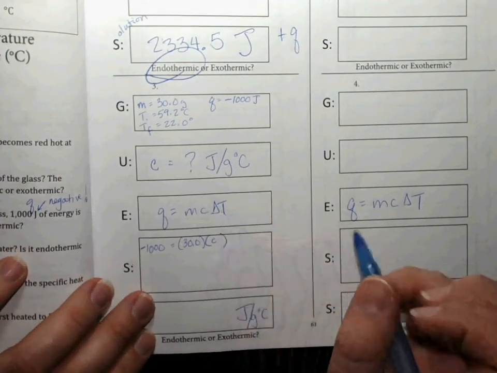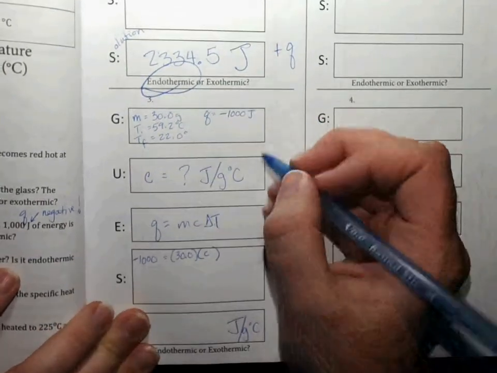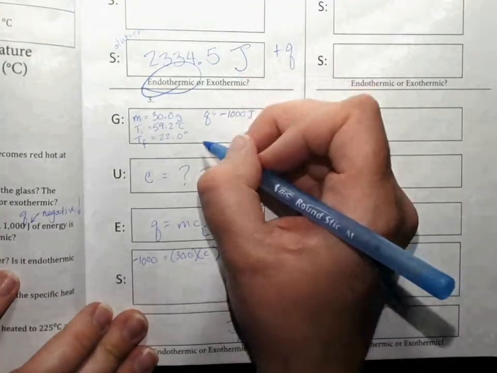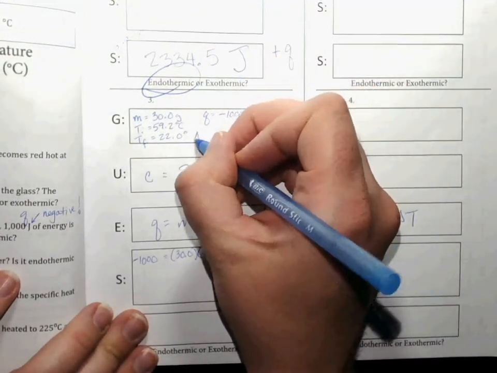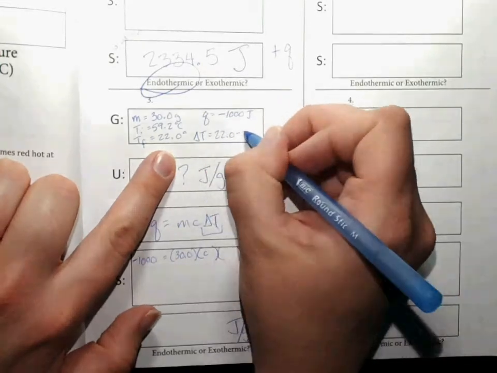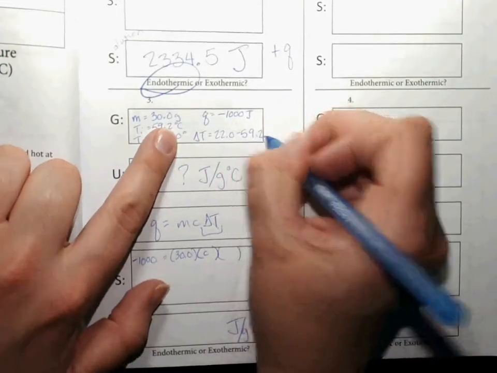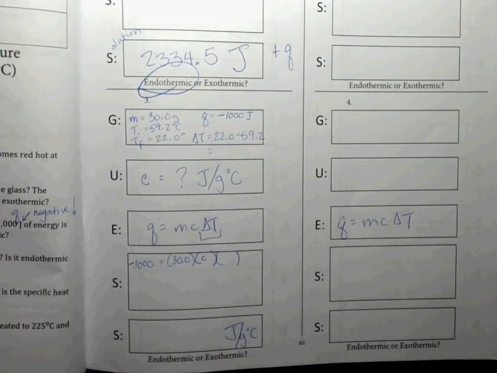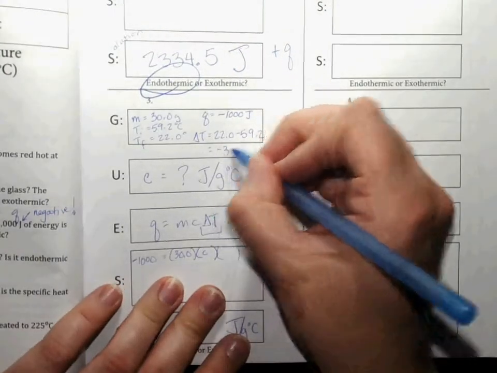Again, for delta T, we have to do final minus initial to figure out what that term is. So delta T is going to be our final 22 minus the initial 59.2. So we're actually going to end up with a negative temperature change.